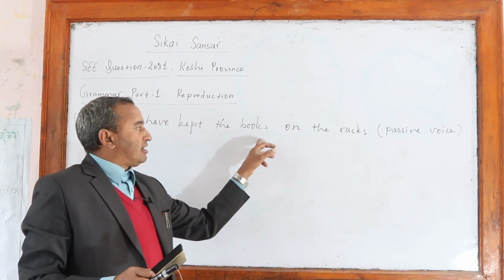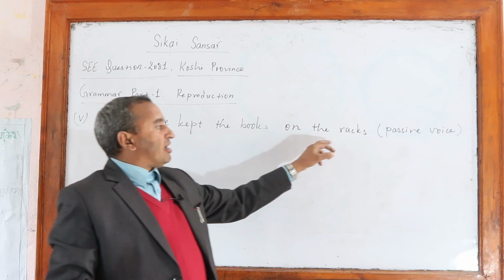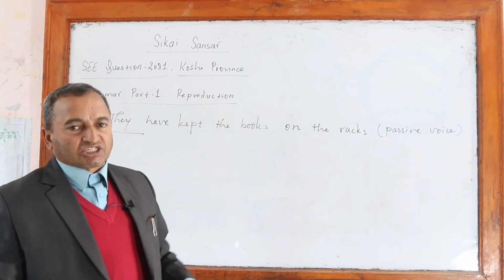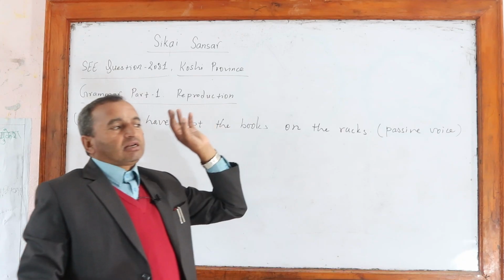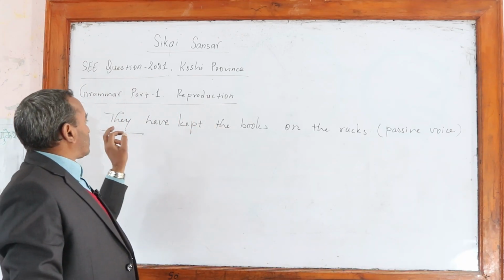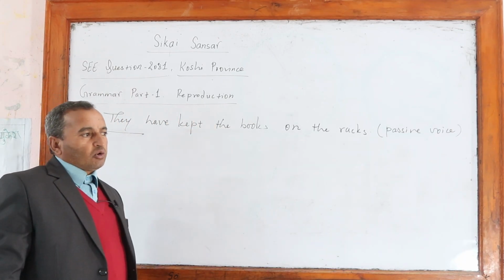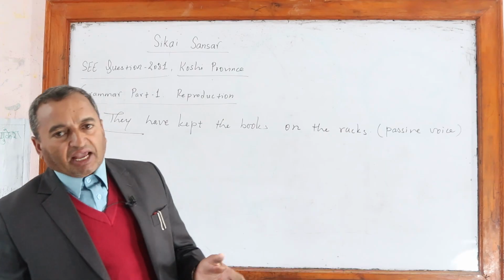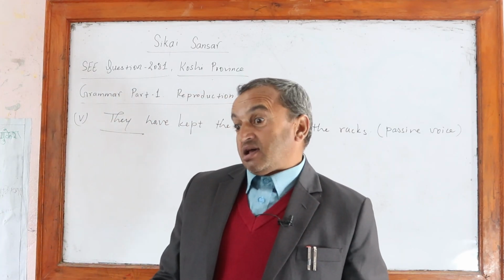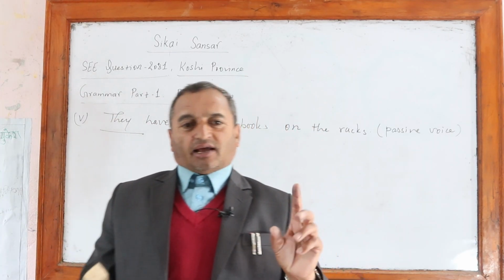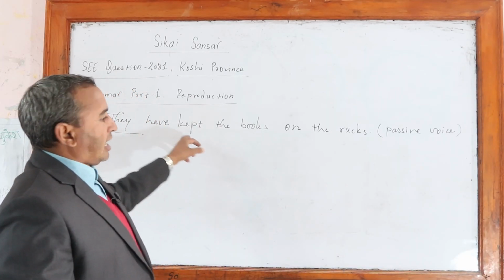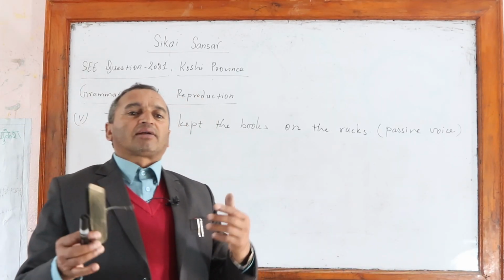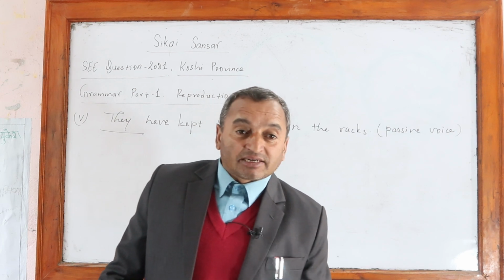The books, on the racks, double objects are there. The books and the racks, right? And the subject is they. So, can you tell me what type of tense is used here? Yes, you are well known about the tenses. Here, have plus B3. When there is has or have plus B3, that is present perfect.